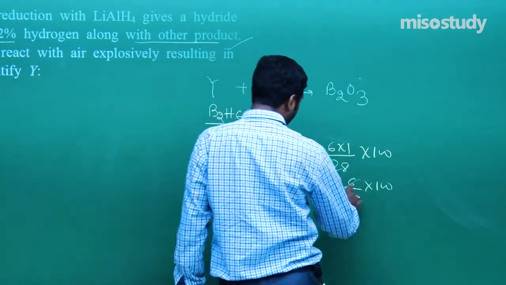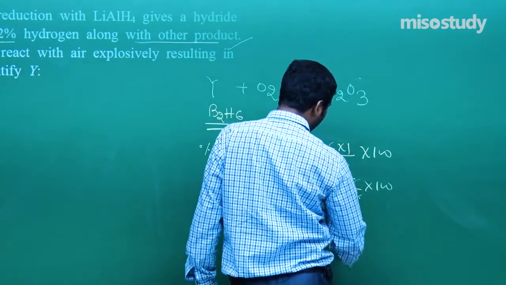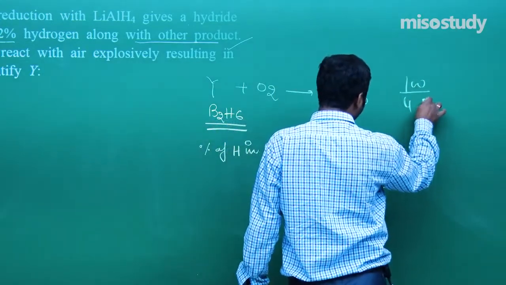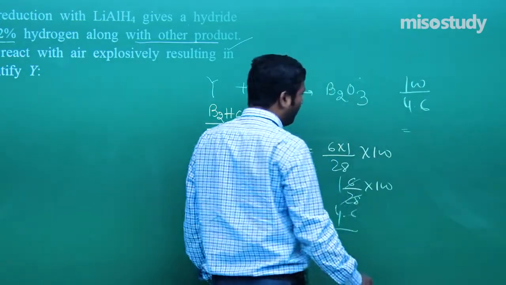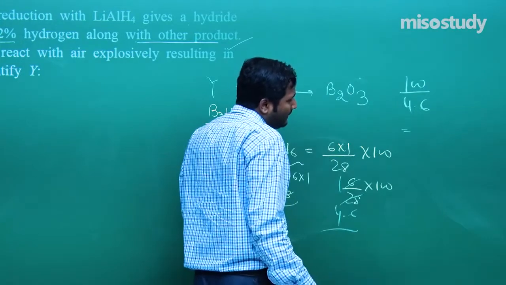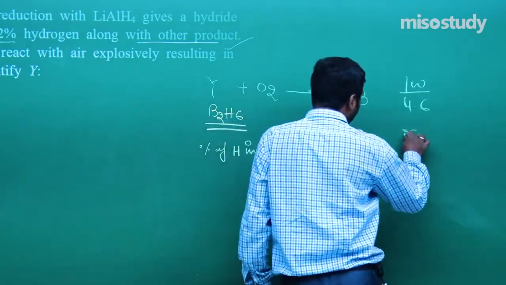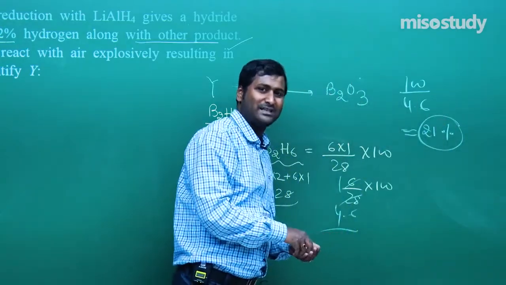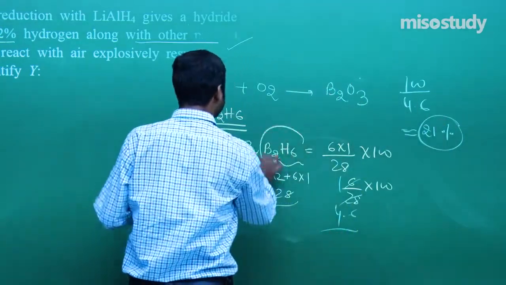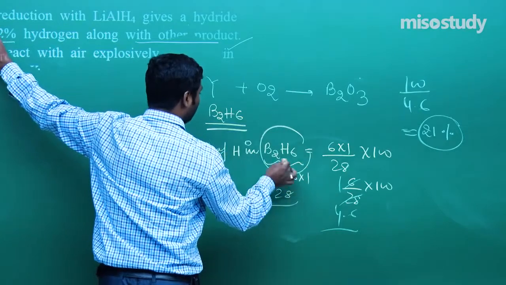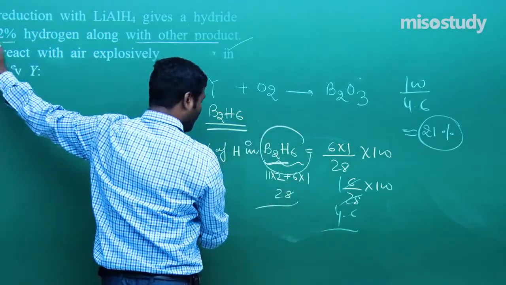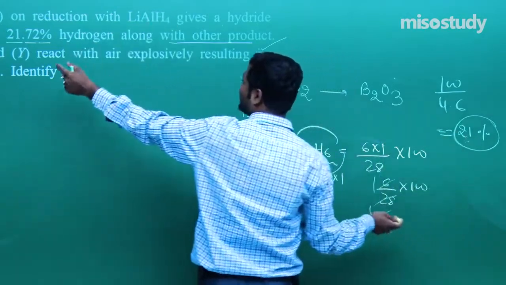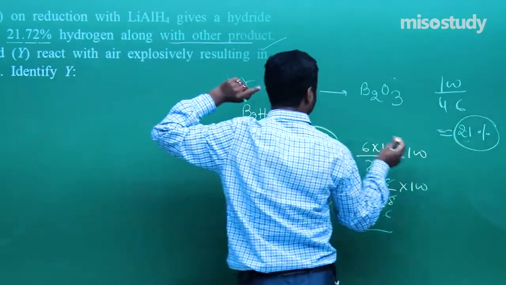Then 6 ones are 6, 4 sixes are 24, and that is 100 upon 4.6. If I assume it as 5, near about it will give you 21%. Estimation 21%. Then definitely according to the question, the Y is B2H6 because in B2H6 there is only around 21% hydrogen. Clear to you?